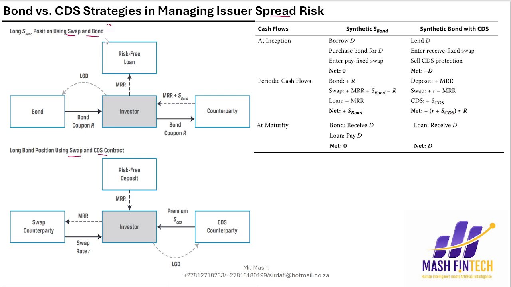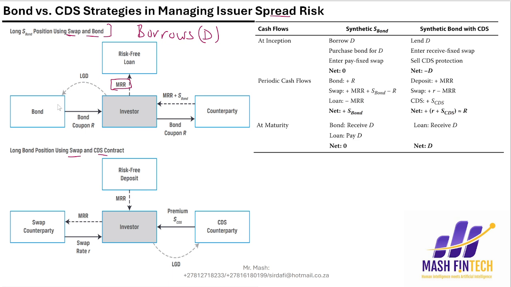How does the investor own this bond? The investor is going to purchase this bond by borrowing. So the investor borrows the amount to purchase the bond at its face value D. And on this money borrowed, the investor is going to pay the market reference rate on the amount borrowed.